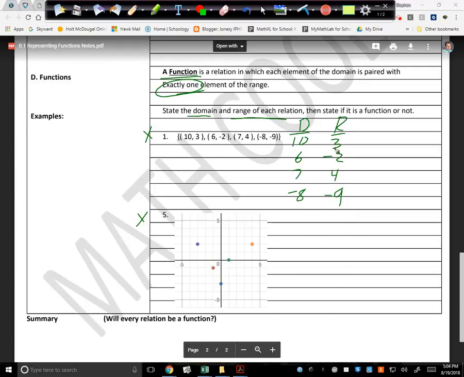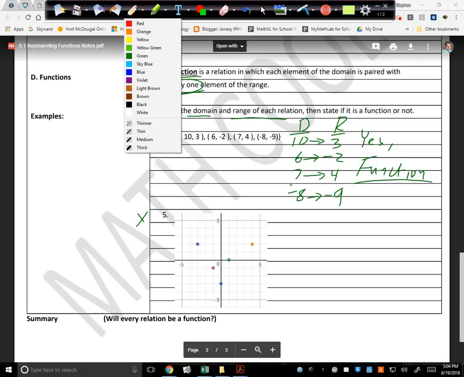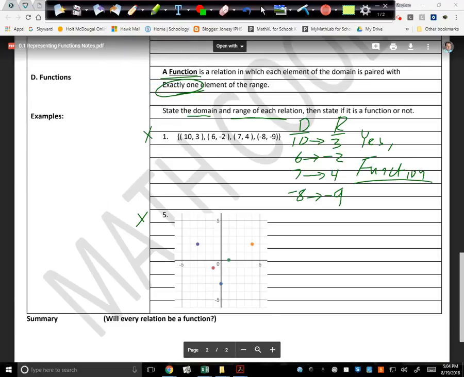If we were to map this, because we know the coordinate points, we know that each element of the domain only goes to one element of the range. So that means that yes, this is a function. Again, each element in the domain only goes to one element in the range, so that has to be a function. Down here we've got it graphed.